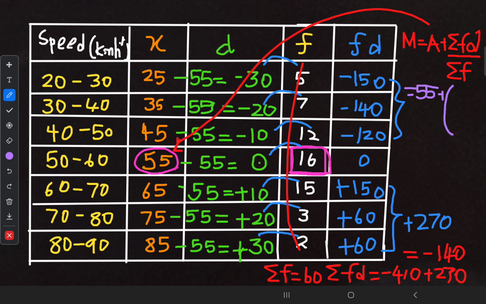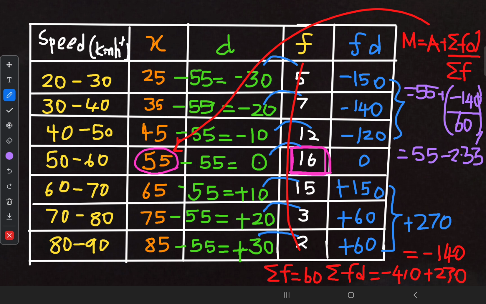55 plus sigma FD. Since it is a fraction, let's use a pair of brackets. Sigma FD, negative 140, should be divided by the summation of F values, which is 60. So 55 plus negative 140 divided by 60, that will give you negative 2.33.